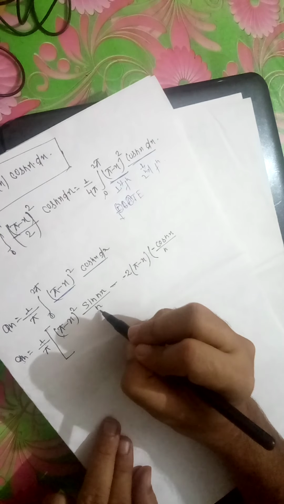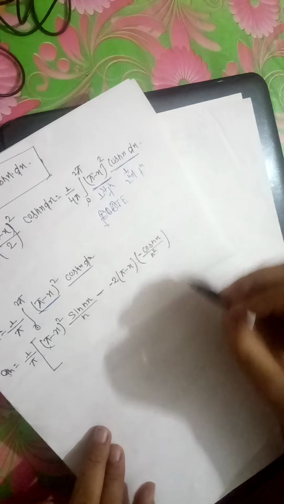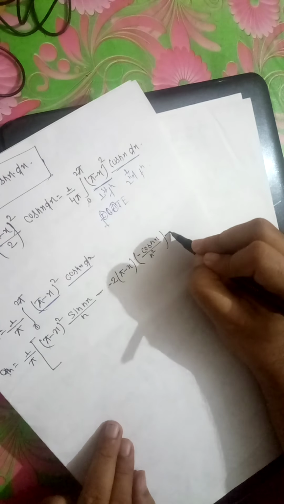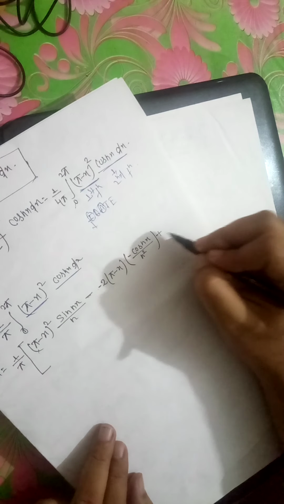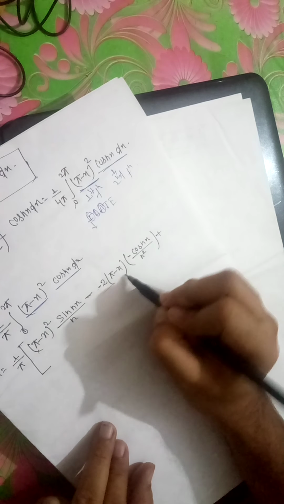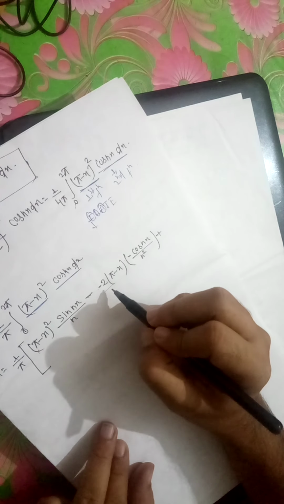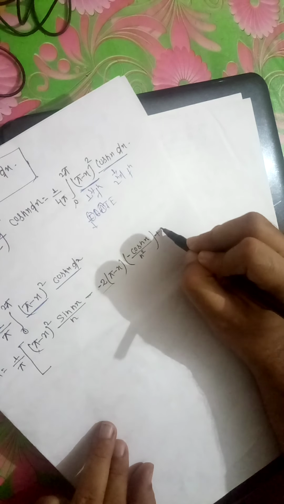One n is already from there, so this is n square. Okay, we will put the sign as plus, because the sign here is negative. Now we will differentiate this function and integrate the other. What is the differentiation of this function? It is only 2.